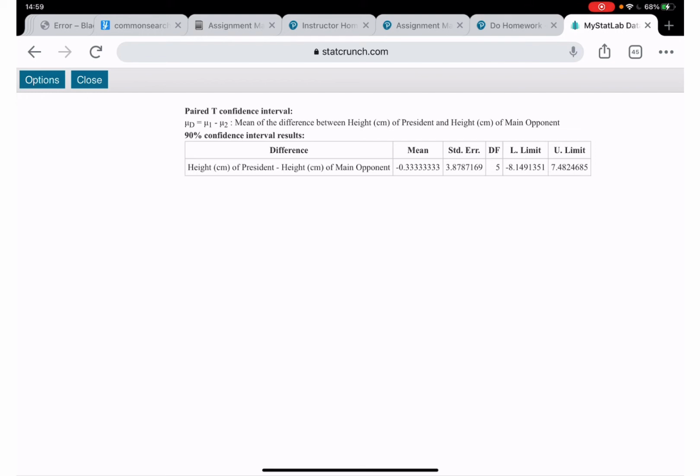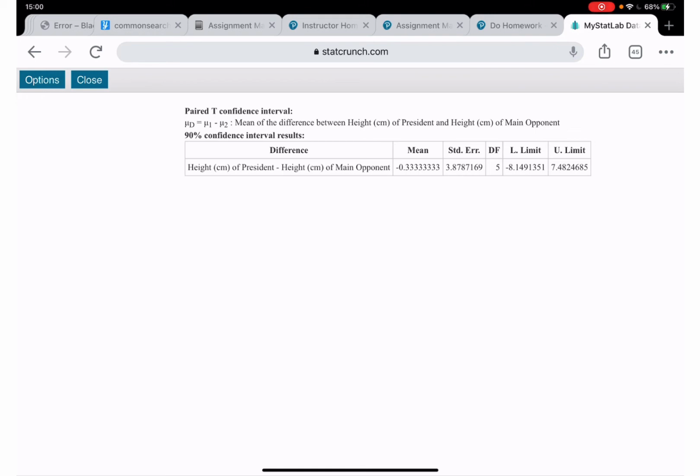So if the confidence interval contains 0, then we fail to reject the null hypothesis. Write down: if the confidence interval does not contain 0, let's say from 5 to 10 positive, or negative 5 to negative 10, there is no 0 involved there. So therefore, we reject the null hypothesis. Okay?